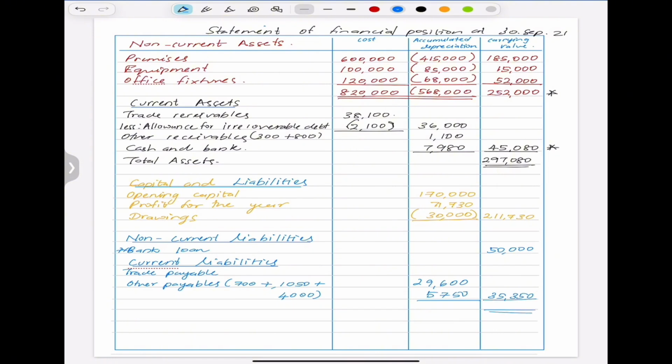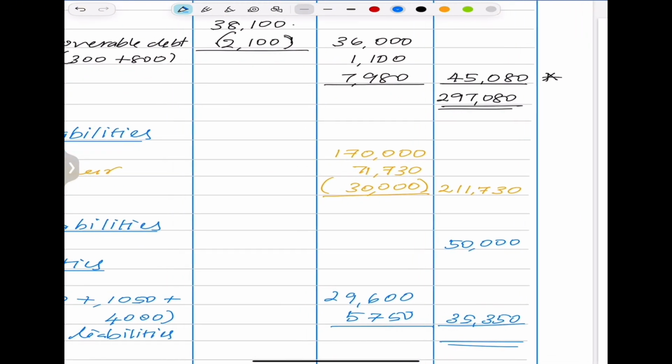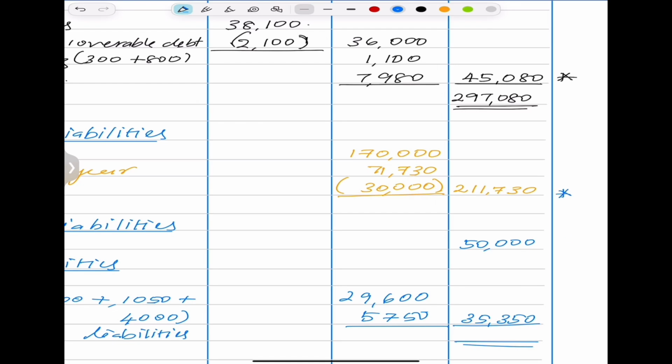Now let's find the total capital and liabilities. Add 211,730, 50,000 plus 35,350, which should be equal to 297,080.